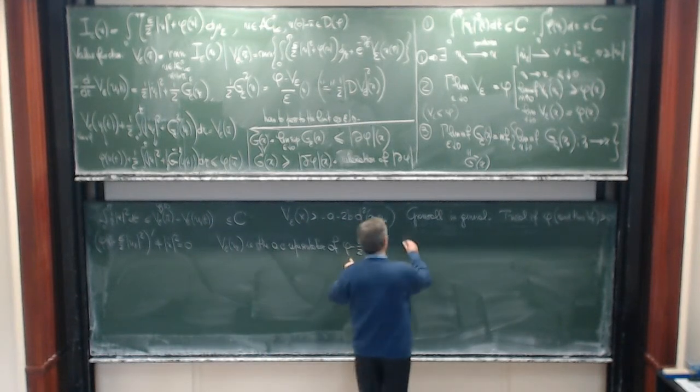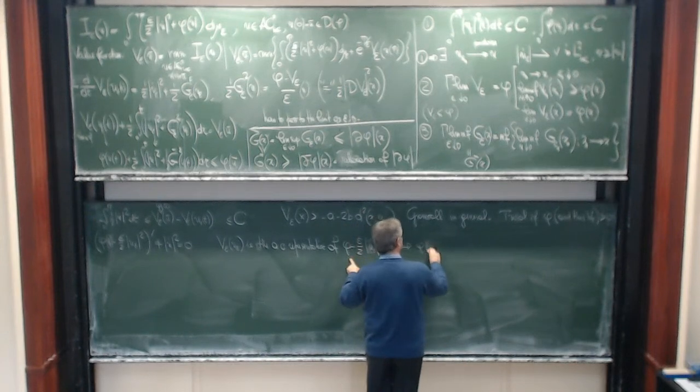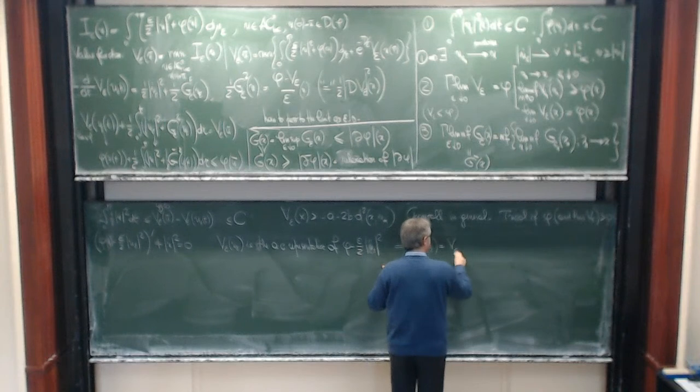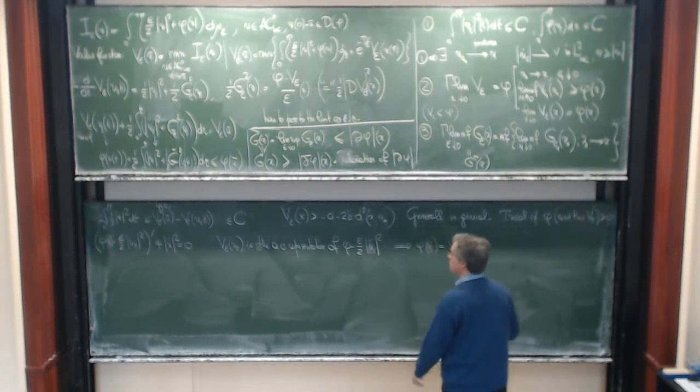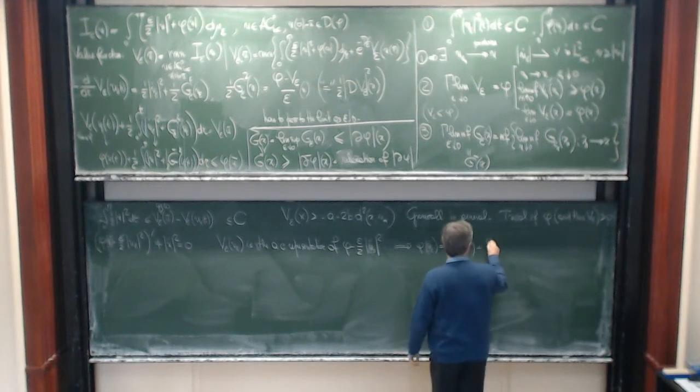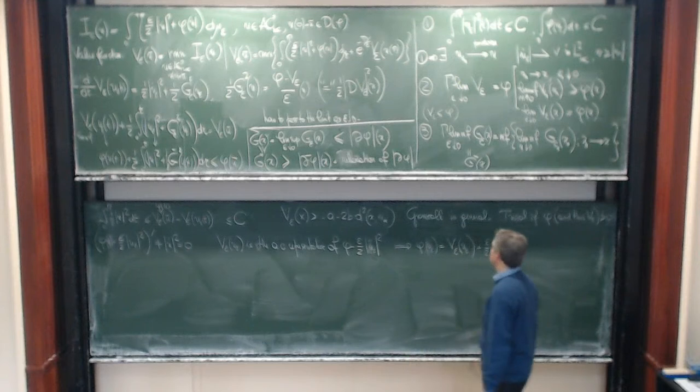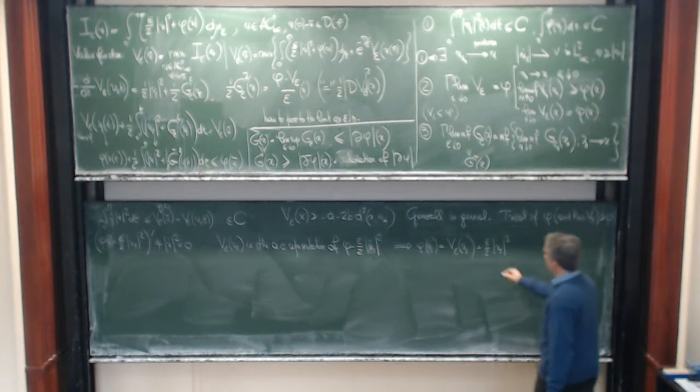So you get, in particular, that phi of u epsilon is equal to a bounded function plus an integrable function. Okay.